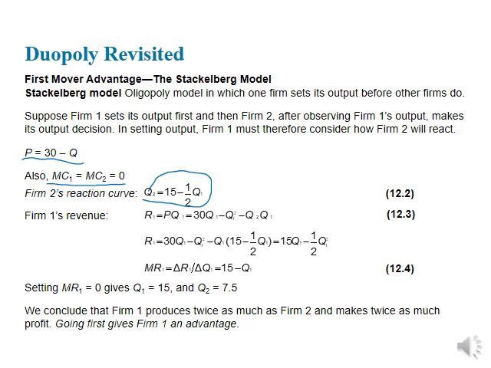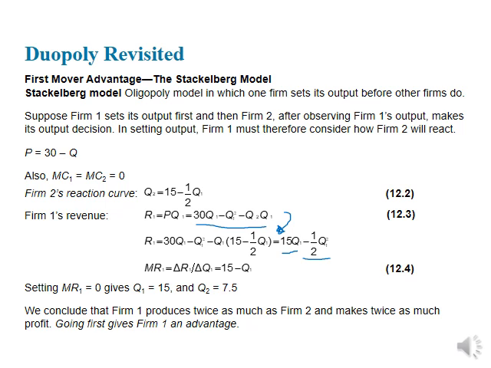But now, since firm 1 is moving first, we can backward induce, like we did with that game tree, and set firm 1's revenue, this is the same revenue function we had before, but plug in firm 2's reaction curve to that revenue model. So plugging in, we get 15Q1 minus 1/2 Q1 squared.